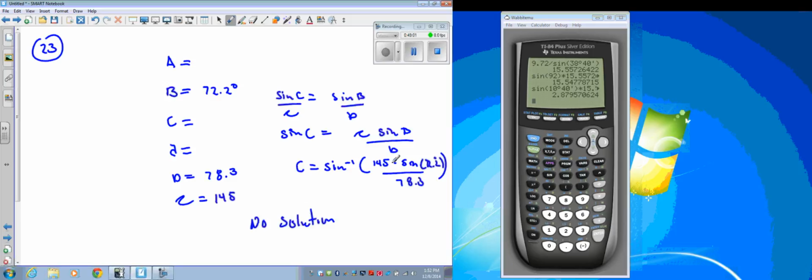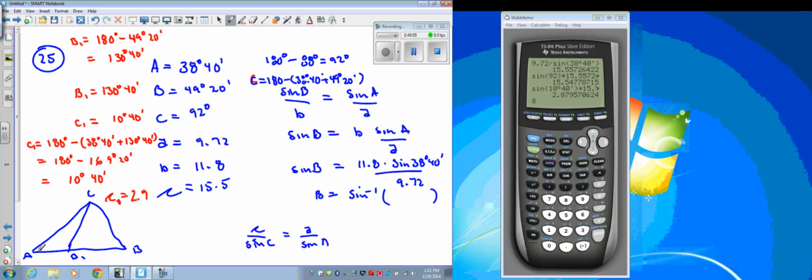The third situation would be if the sum of this angle and the supplement to this angle sum to more than 180, then you couldn't get this. See, if those two sum to more than 180, you wouldn't get this.